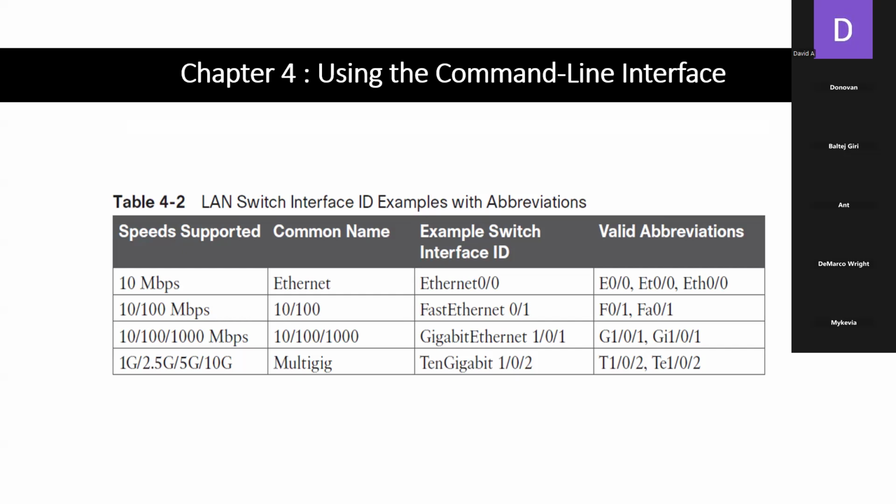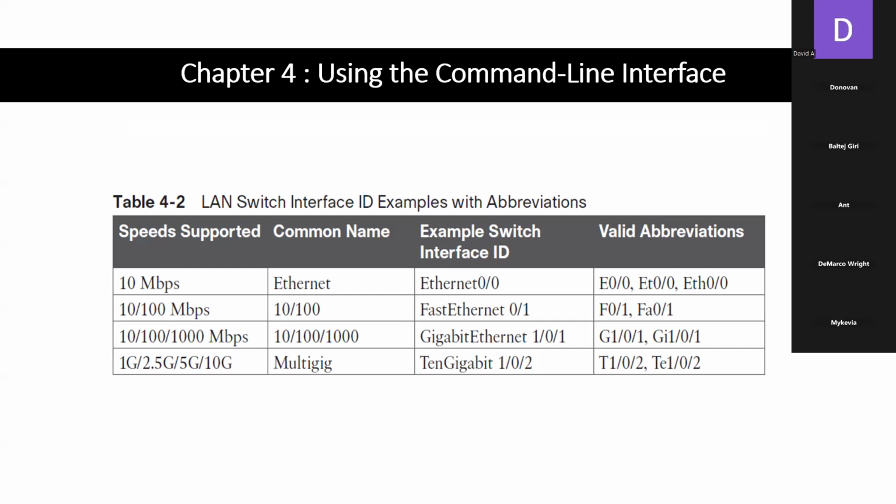That is a gigabit Ethernet port. Of course, the abbreviation is G, or it can be GI. Now, this is where, before I started explaining this table, it's prepping you for the future. There are switches that have speed supported of 1 gig.